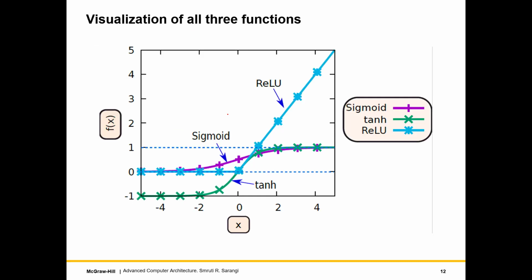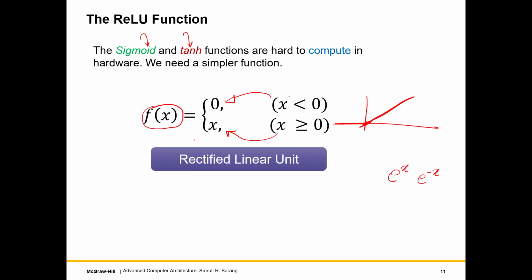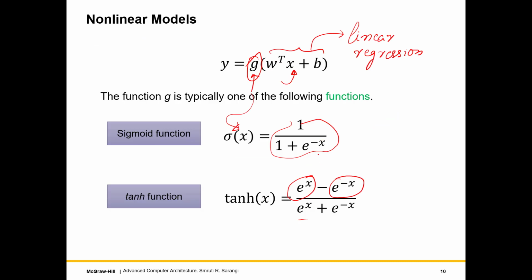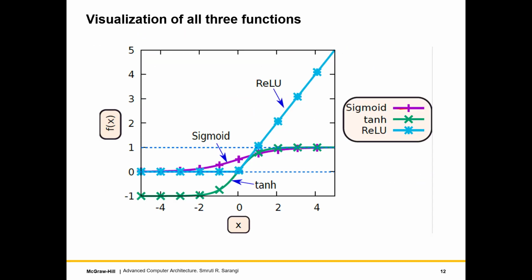So if I were to graph all three functions, let me first look at sigmoid. Given the structure of sigmoid, at negative infinity the value is basically 0, and at positive infinity the value is 1.